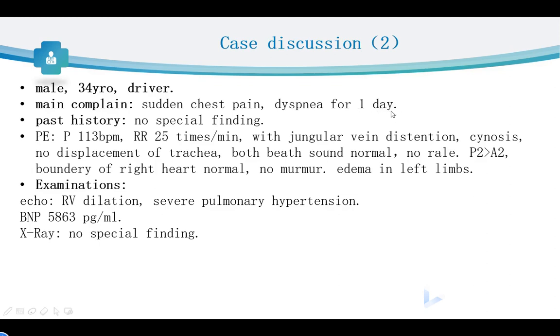That means an acute disease. During the physical examination, we can find the distension of the jugular vein, stenosis. No displacement of the trachea shows unlikeliness of the pneumothorax.